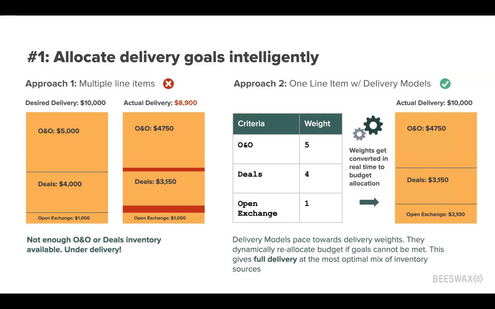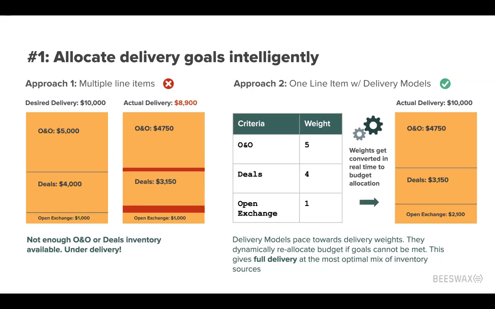In this case, the system learned there is not enough owned and operated in deals inventory. And so over time it redistributed that budget to the open exchange portion of the inventory. It spent that extra $1,100 on open exchange and was able to fulfill the full $10,000 budget.